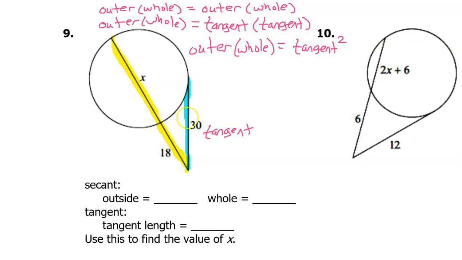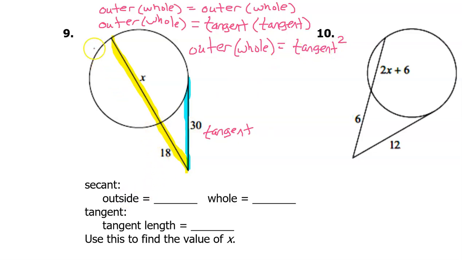So when you have a tangent segment, then we have outer times whole is equal to tangent squared. It's really just a special case of outer times whole equals outer times whole, where the tangent is the outer and the whole. But as a shortcut, you can say outer times whole equals tangent squared.